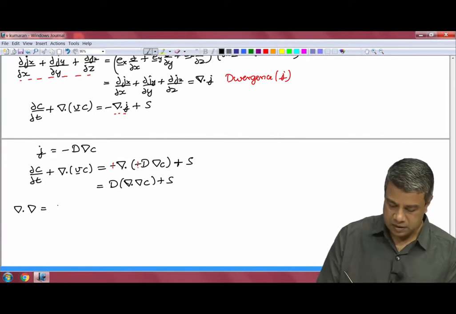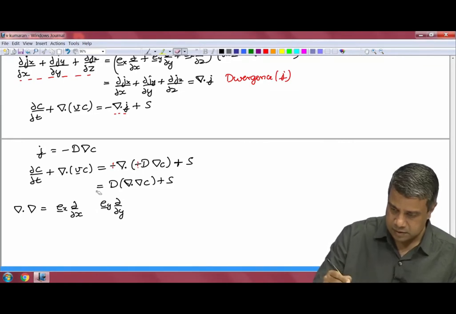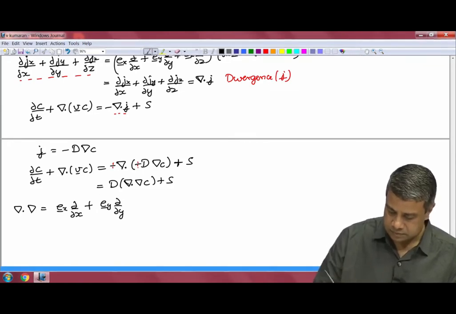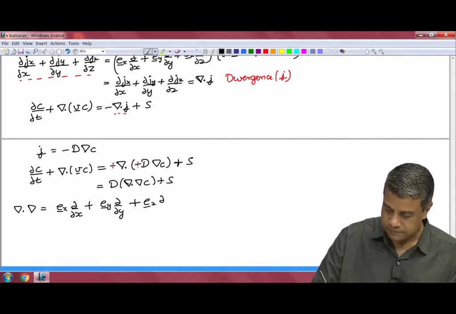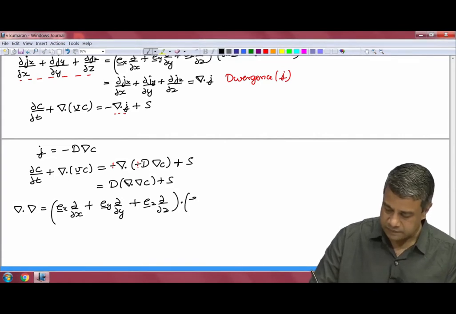This is equal to e_x partial by partial x plus e_y partial by partial y plus e_z partial by partial z, dotted with itself.